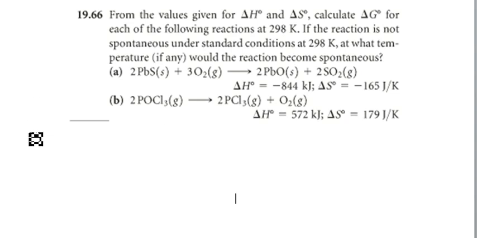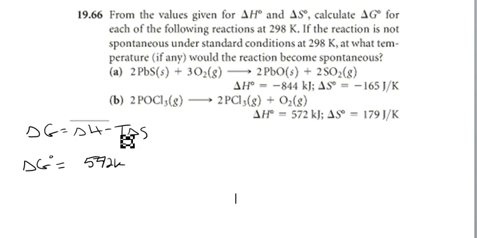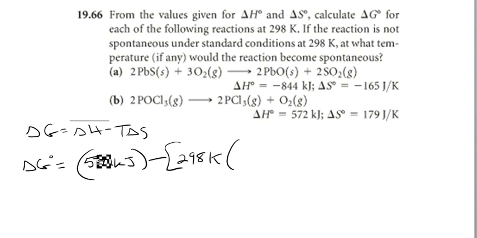So we're using the equation delta G equals delta H minus temperature times delta S. And so delta G standard again is going to equal 572 kilojoules minus the temperature, again 298 Kelvin, times the delta S, which we automatically put over 1,000, 197 over 1,000, would be kilojoules per Kelvin.